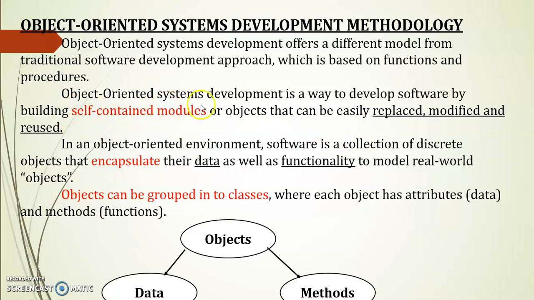Objects can be easily replaced, modified and reused, and also in an object oriented environment, they are discrete, that encapsulates data and functionalities. Also, objects can be grouped into classes, where each object has attributes and methods.